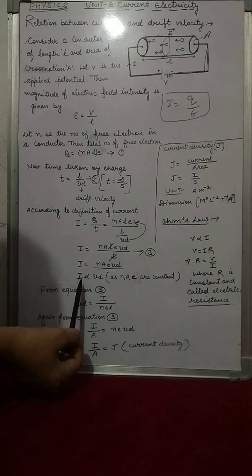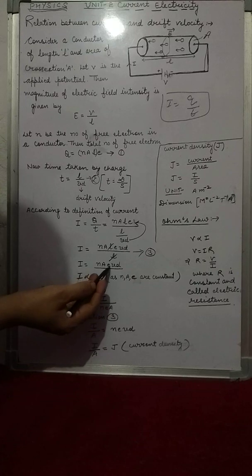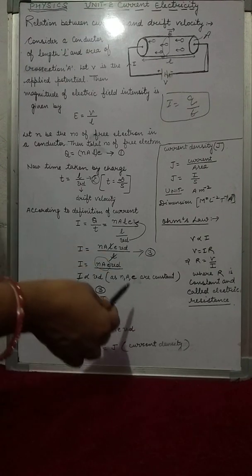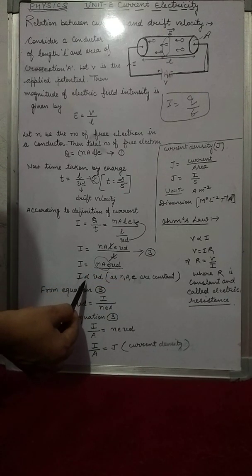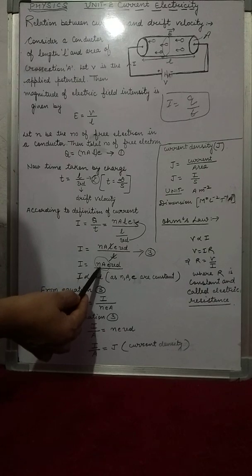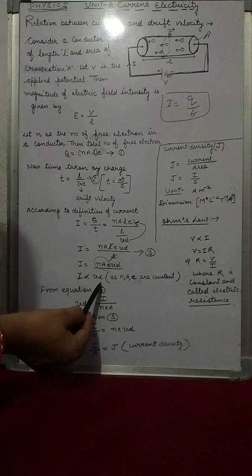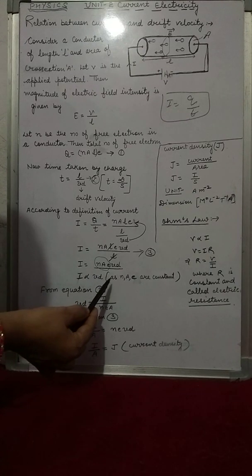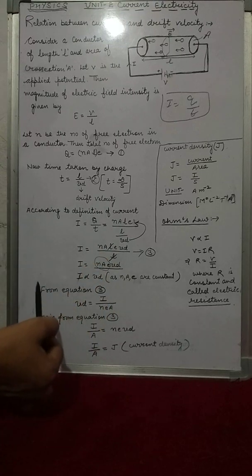Now in I is equal to nAeVd, the terms n, A and e are constant. Therefore I is directly proportional to Vd, as n, A and e are constant.